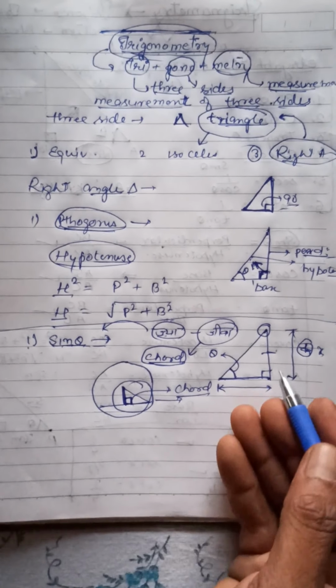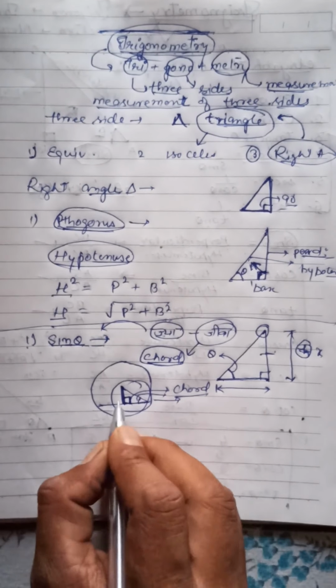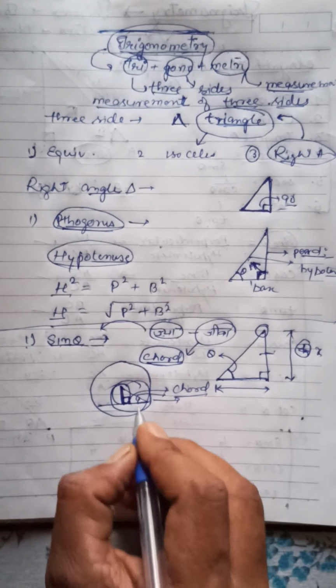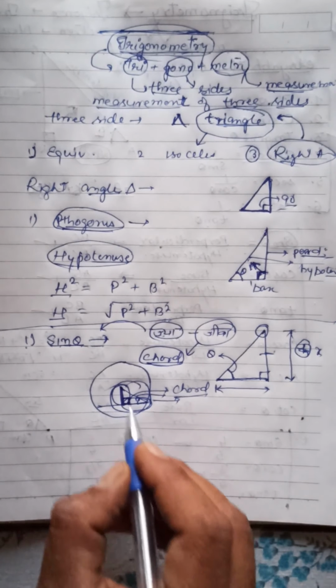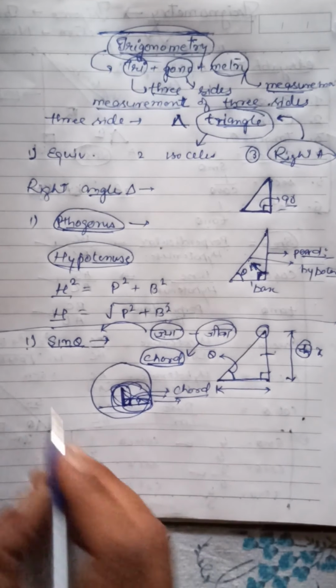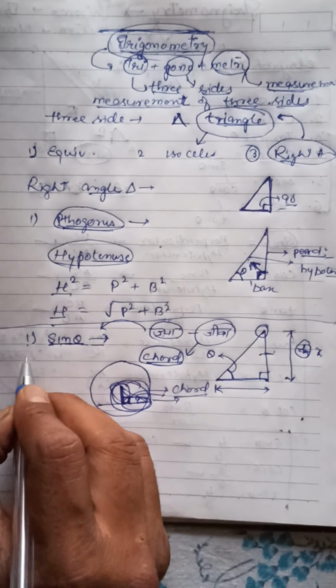And we also study about the right angle triangle. If we have this angle, we can find this one. If we have this angle, we can find this side and also this side. So basically the trigonometry has 6 angles.